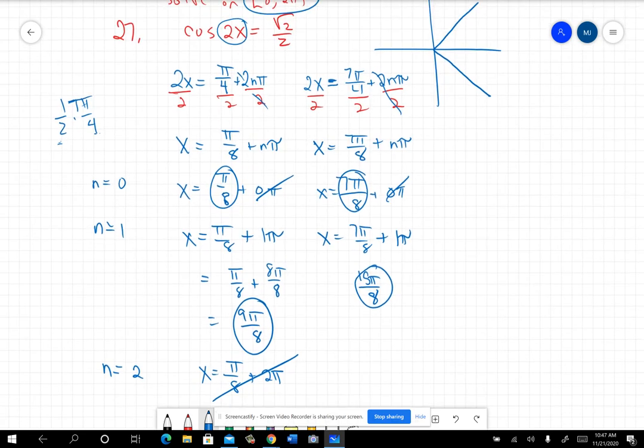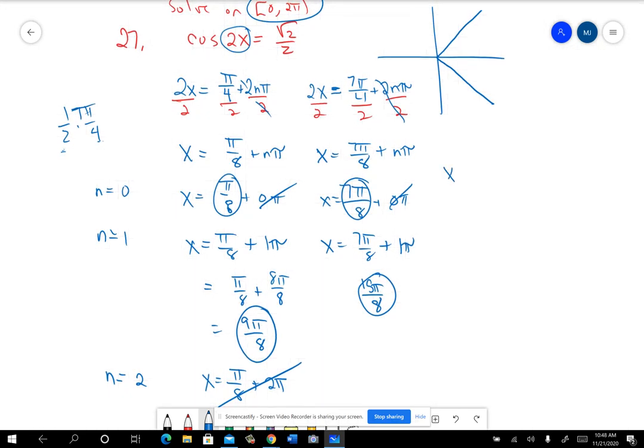So the solutions to that, x could equal pi over 8, 7 pi over 8, 9 pi over 8, or 15 pi over 8. Because if you did 2 times that, you'd have pi over 4. You'd have 7 pi over 4. 2 times that would be 9 pi over 4.